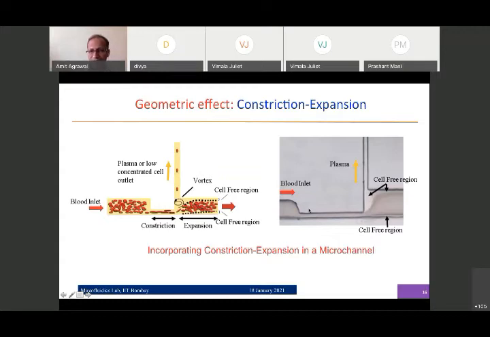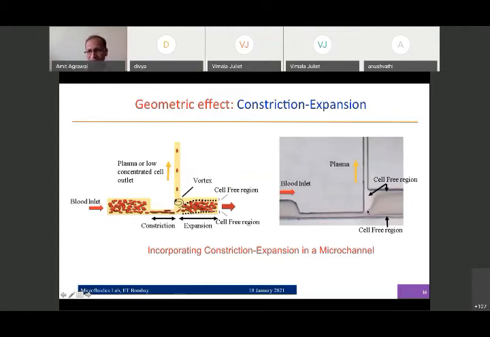So suddenly there is a pinching that's happening, because of which these cells tend to accelerate. And then suddenly when this pinch is released, the cross-sectional area is increased, and the velocity will suddenly drop. By that time, the cells will have a certain amount of momentum, and the liquid part will have a certain amount of momentum, and there is a difference in the momentum, which will help to separate out these two things.